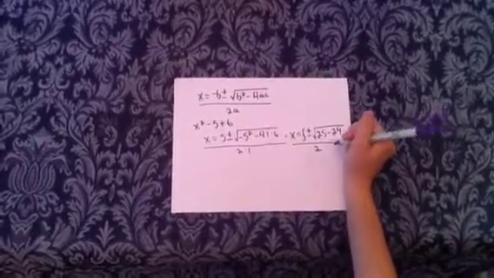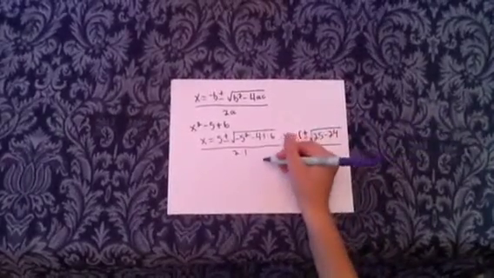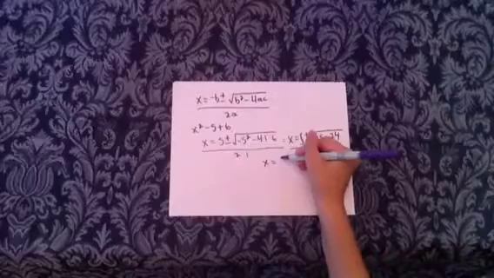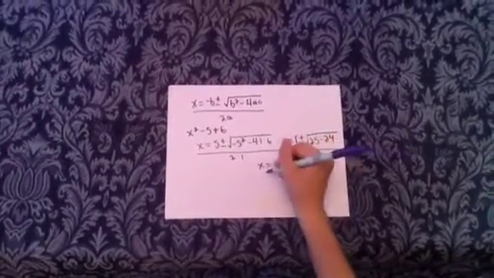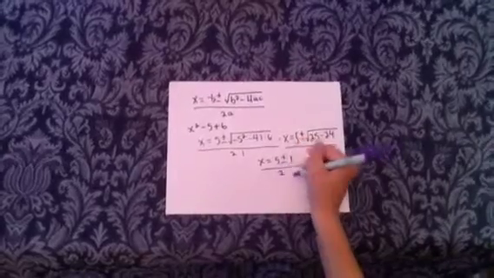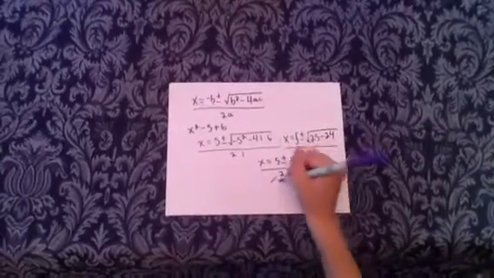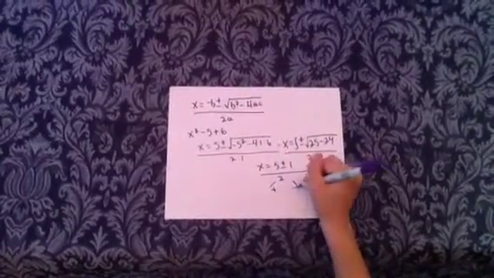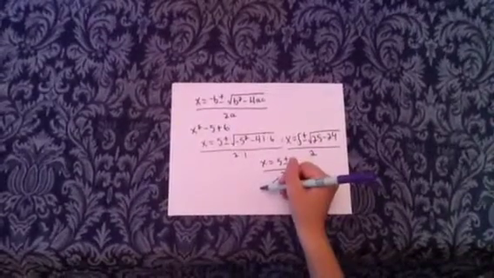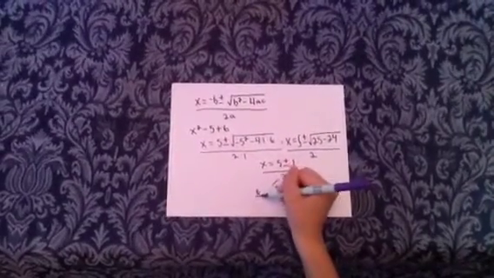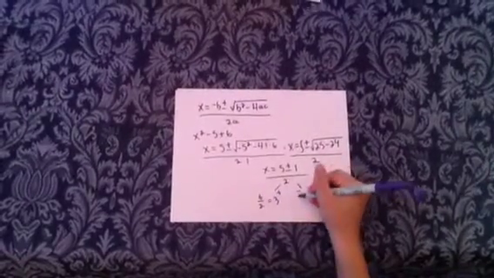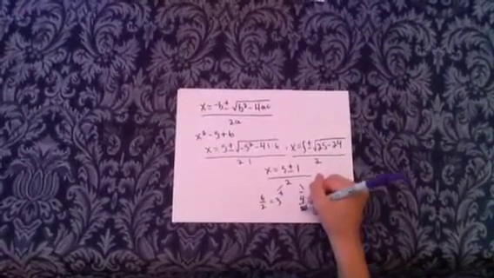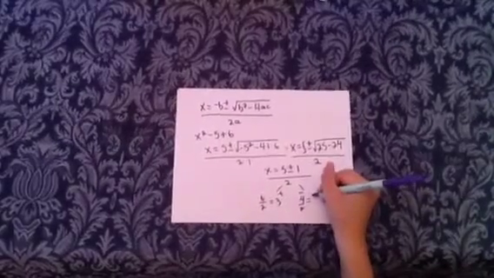Now, more simplifying, x equals 5 plus or minus 1 over 2. Now, we have two different answers because you do the equation 2 times. Once with plus, this would equal 6 over 2, which is 3, and minus 4 over 2, which is 2.